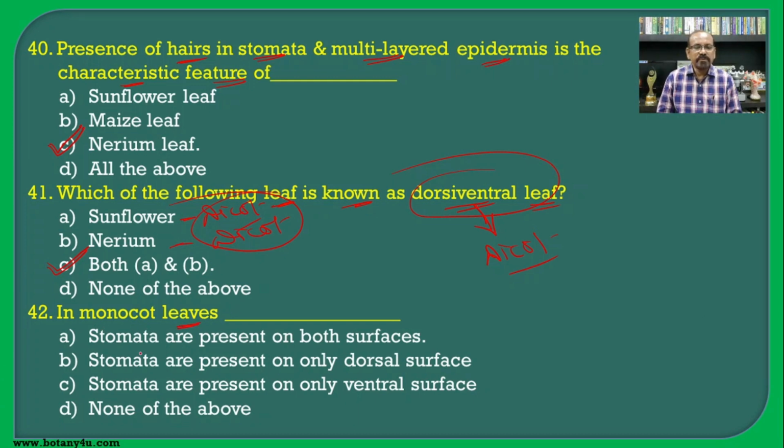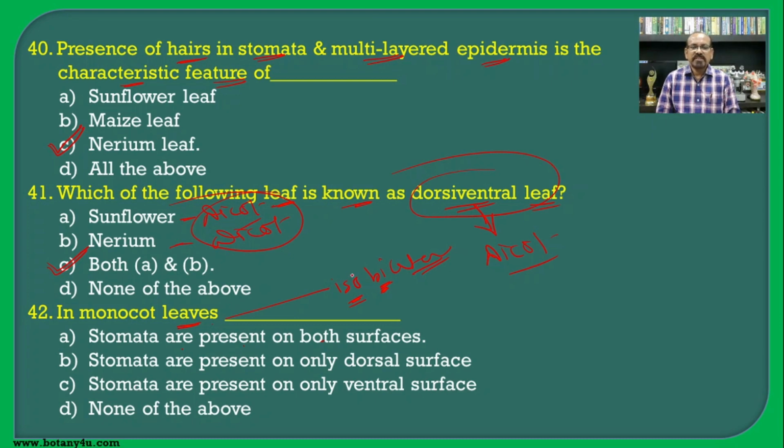In monocot leaves, the stomata are present on both the surfaces. In monocot leaves, as we have seen, the isobilateral leaf: iso means same, bi means two, and lateral means side.